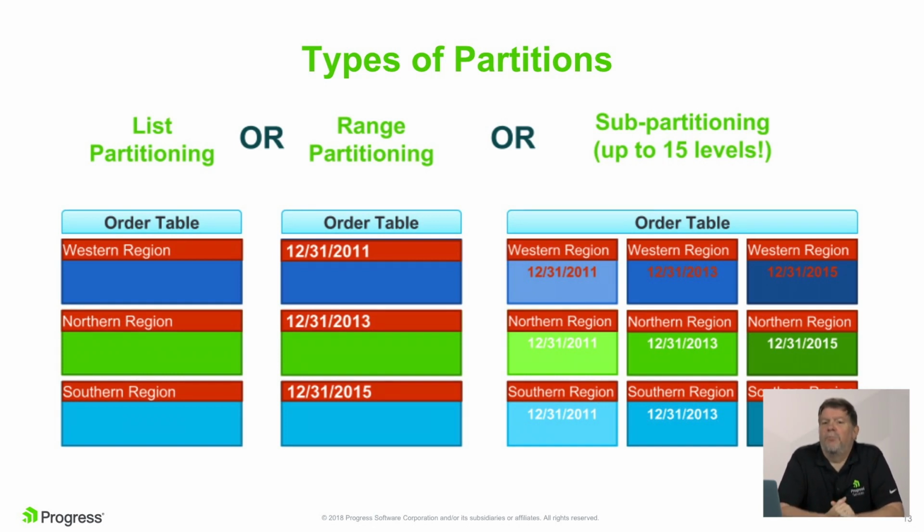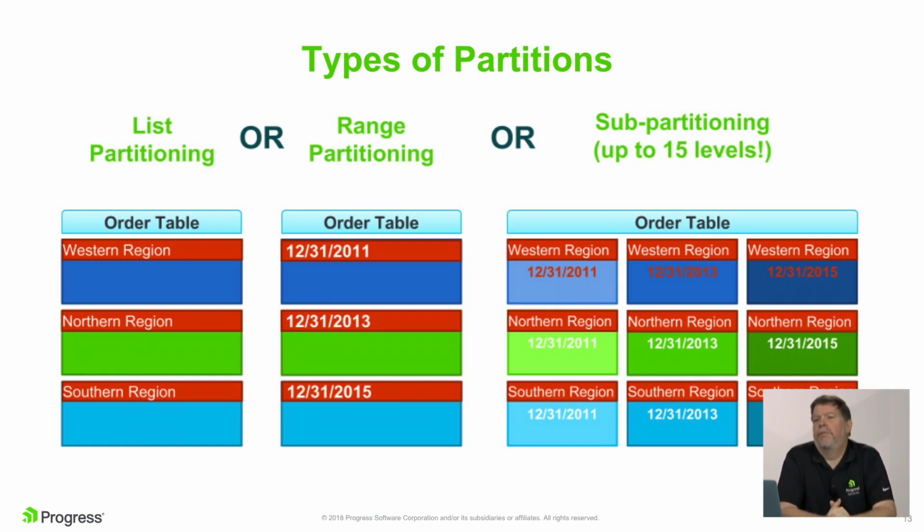And then we can go into subpartitions. Now, subpartitions, we support up to 15 levels. I do not recommend going 15 levels deep in your partitions because that is an administrative nightmare. However, if I take a combination of that list and range, I have my western region, and then by each of those ranges.